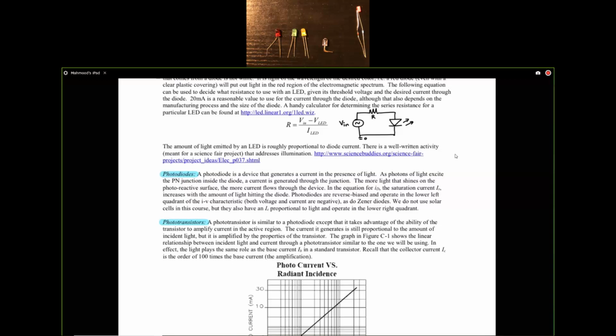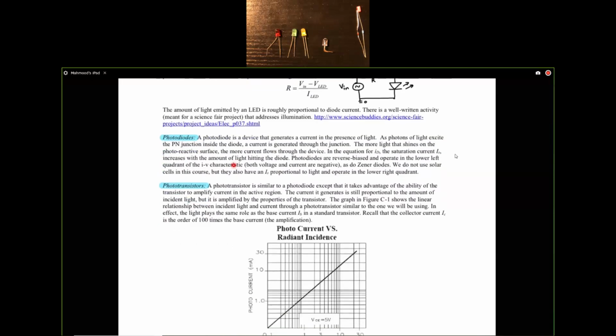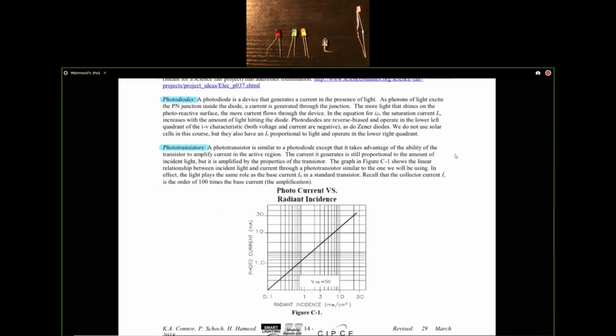Photodiodes could also be used to detect light, and essentially they allow current to pass through them when ambient light falls on them. Again, please read this paragraph to get a sense of what they do.